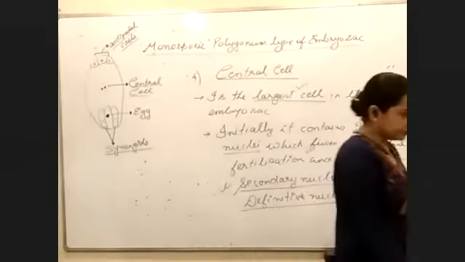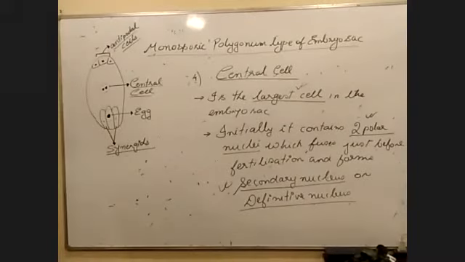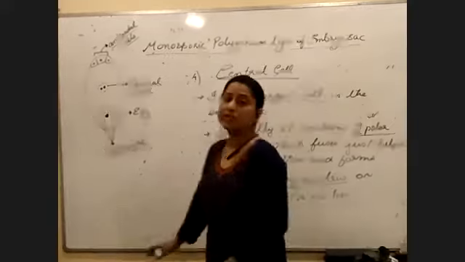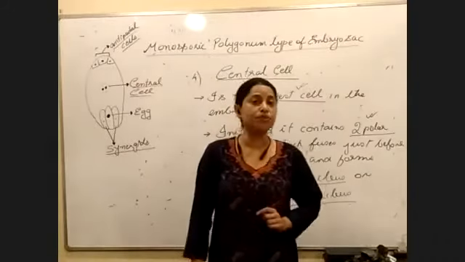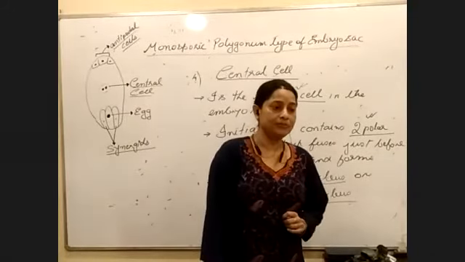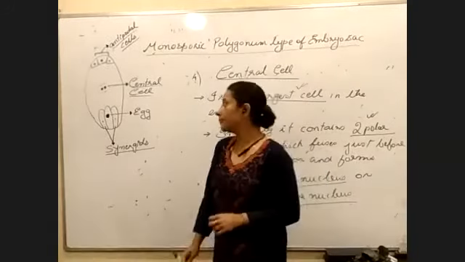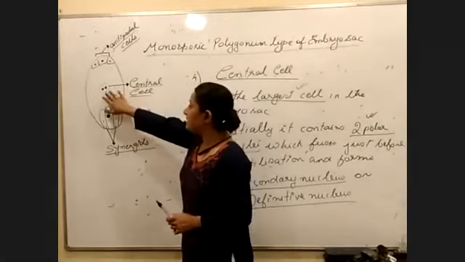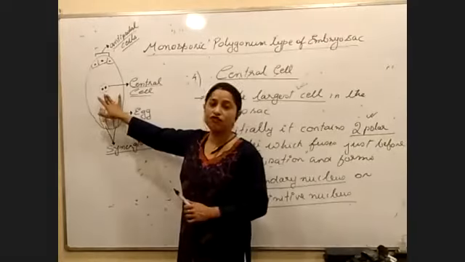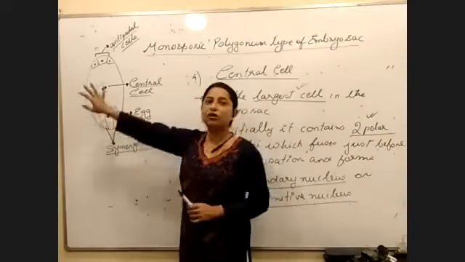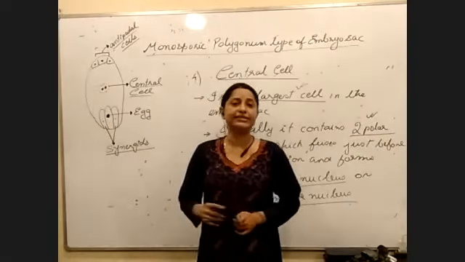Yes, ma'am. Right? And as far as this word is concerned, polar nuclei, what do we understand by the term polar nuclei? In this diagram, is this the diagram of two polar nuclei or the diagram of a secondary nucleus?